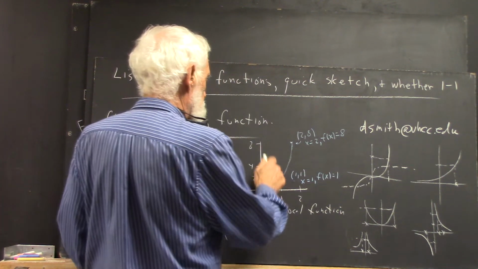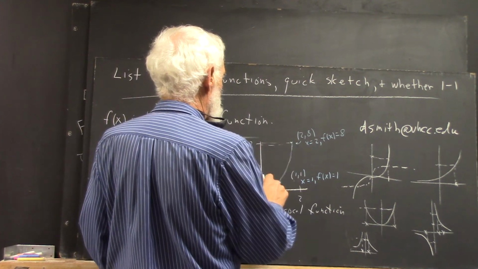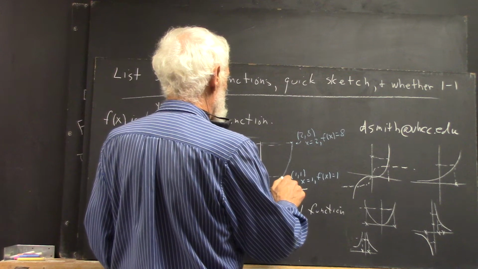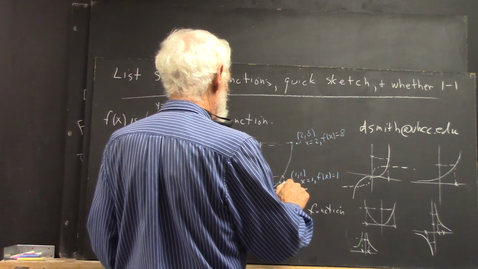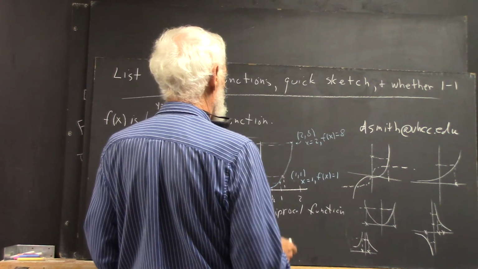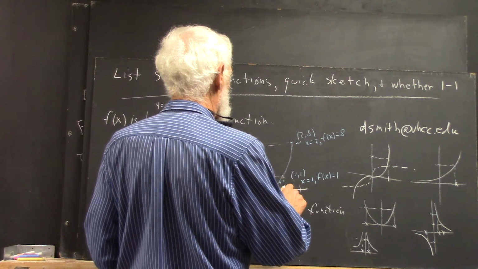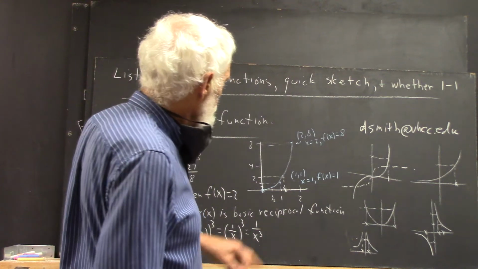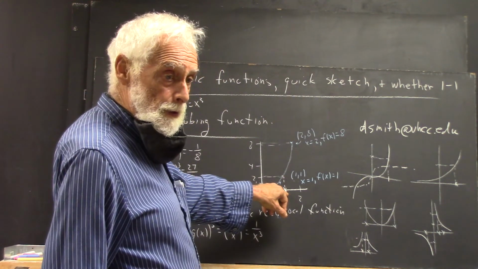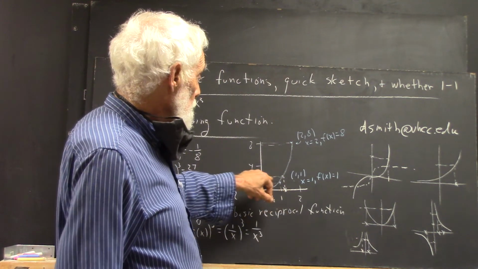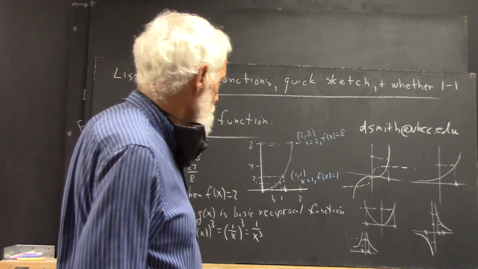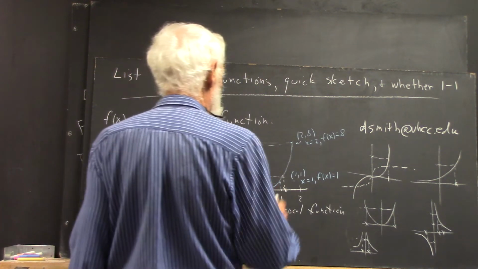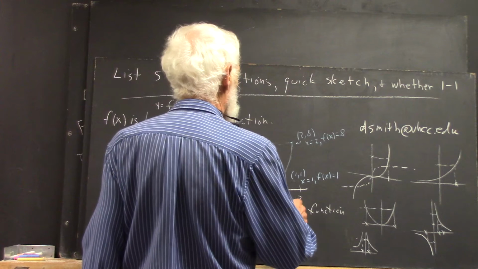Well, f of x is 2 at the point that's horizontally across from the x equals 2 point. So we can estimate the value of x when f of x equals 2. So let's just say this point is maybe 1.3.